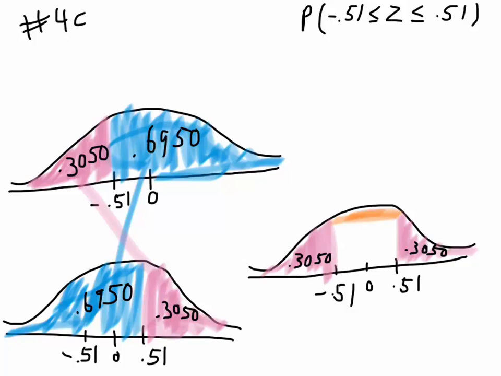So this stuff in between negative 0.51 and 0.51 is equal to 1 minus this 0.3050 minus this 0.3050. So what you end up with there is 0.39. Notice you should have expected this number to be less than 0.68 because we know that 68% of the area falls in between negative 1 and 1.